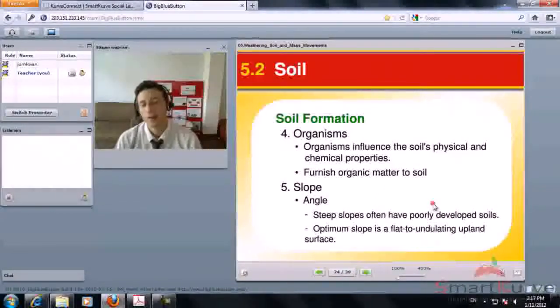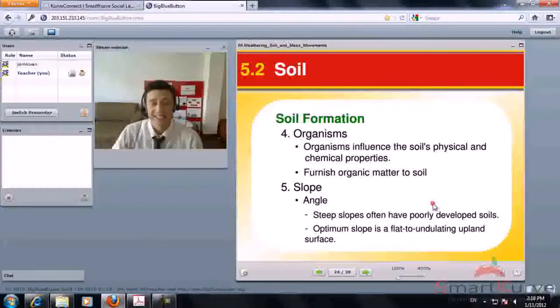Another factor would be organisms. Organisms, everything from bacteria to plants, fungi, and animals. All of these organisms are going to influence the soil. They furnish organic material to the soil. That means when animals go to the bathroom, their fecal matter becomes part of the soil.